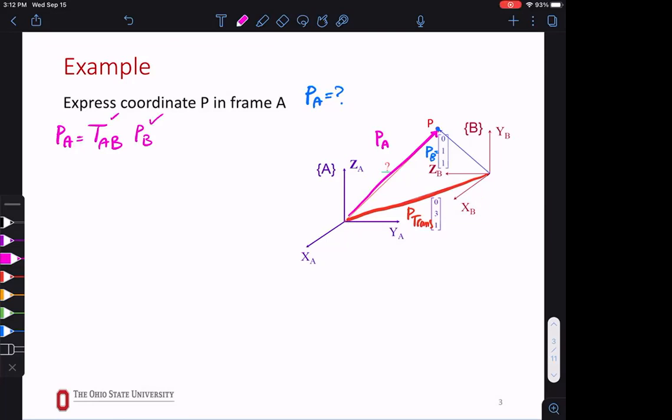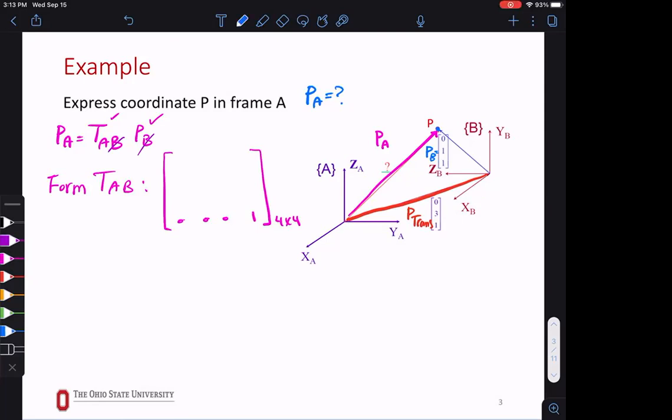Now let's form TAB. So we know TAB is a 4x4 matrix. 0, 0, 0, 1. That's just the augmentation, right? Yes. TAB. You're trying to find PA. So you can do this, so you end up with PA.